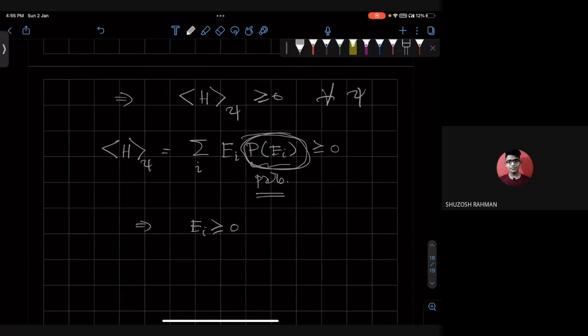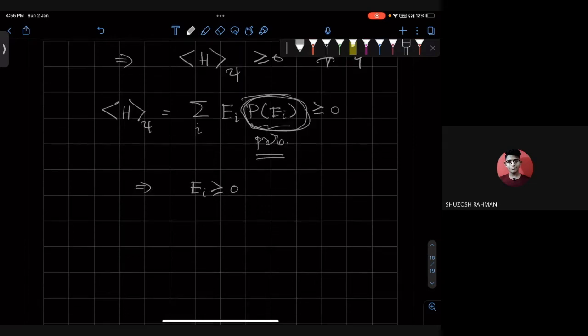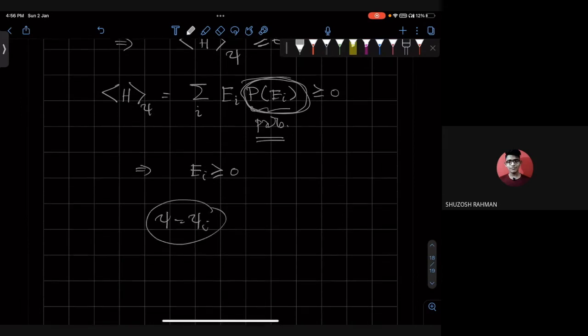Because we can take this to be any energy eigenvalue. If we choose psi to be psi_i, then the expectation value of H in psi_i is E_i times P of E_i, and this is greater or equal to 0. Because the probability is not 0, this means E_i has to be a non-negative number.